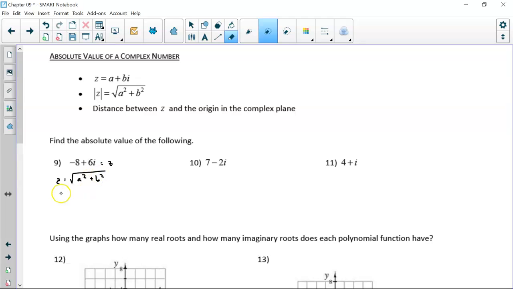And that's just the coefficients. For a, that's our negative 8. It's in that form of a plus bi. So it's going to be negative 8 squared. b is what's in front of the i. In this case, it's just going to be a 6. Negative 8 squared is 64. 6 squared is 36. You get the square root of 100. And that's going to be 10. So the absolute value of negative 8 plus 6i is 10.